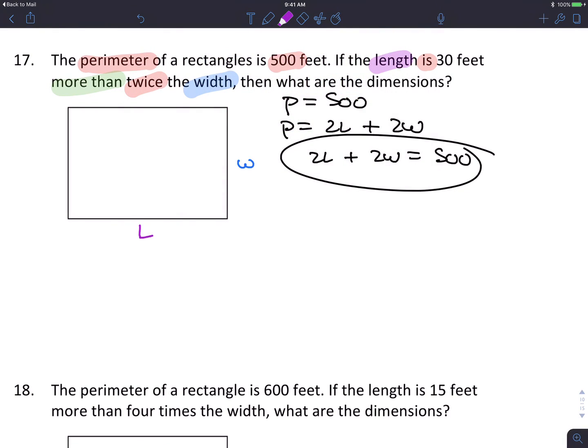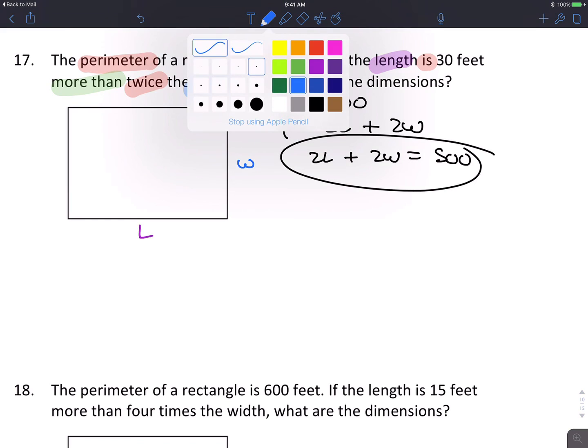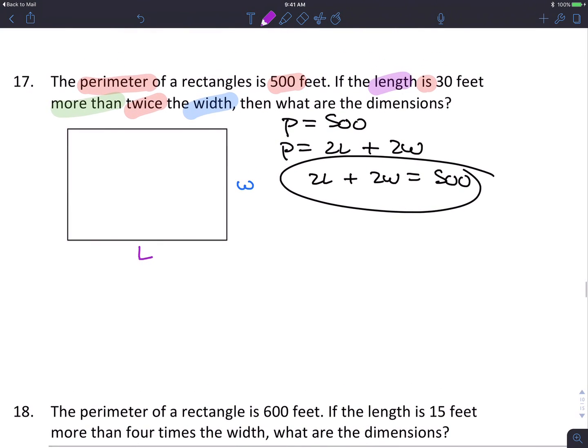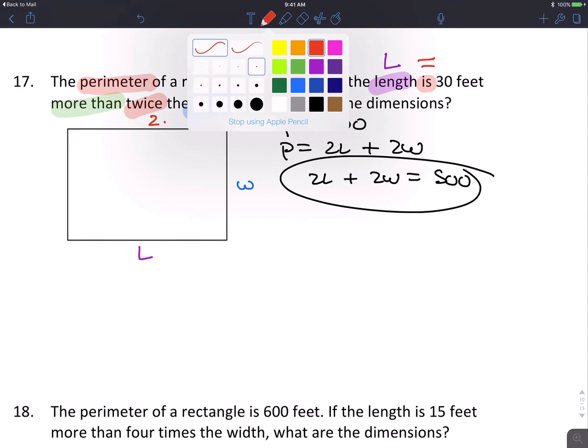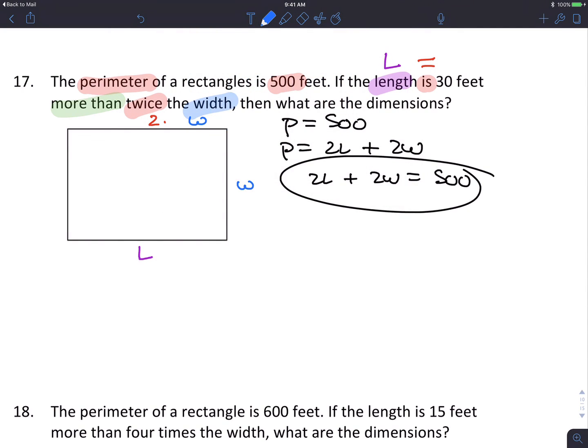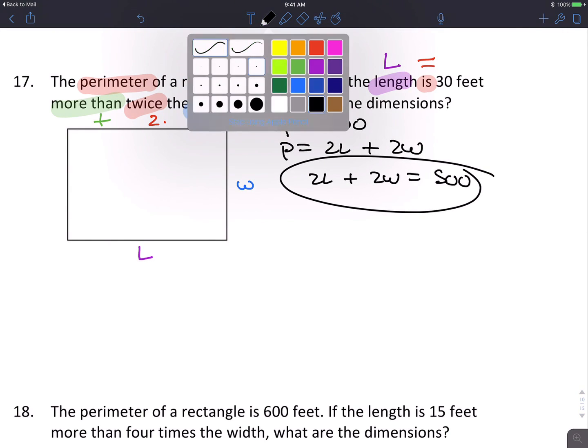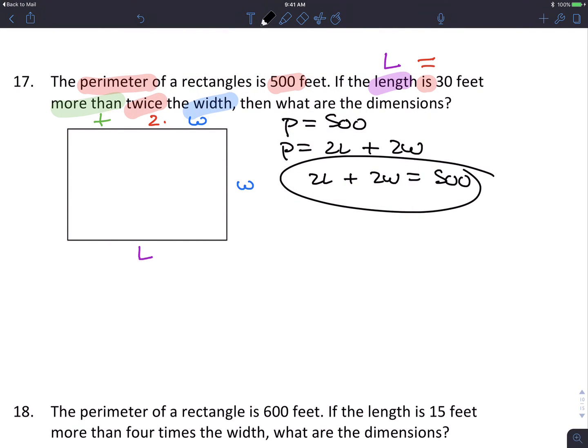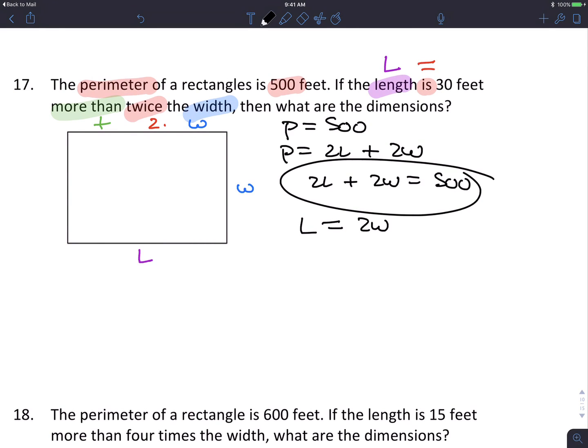Here we go. Let's fill everything in. $30 more than, so that's 2W plus 30. Remember, for more than you switch.